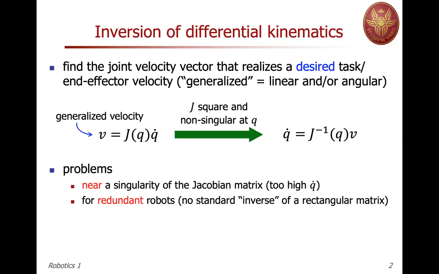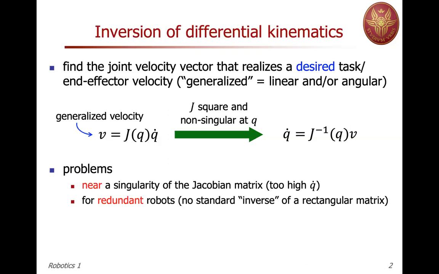We cannot solve this problem. Or even close to singularity, even if we can invert the matrix, we typically generate large velocities q dot, too high for the capability of our actuators, so we are not able to execute them. I will illustrate all these issues on a simple example, again with a 2R planar robot, but I think it's clear enough to understand what's going on. So what do we do when we are near or at the singularity?